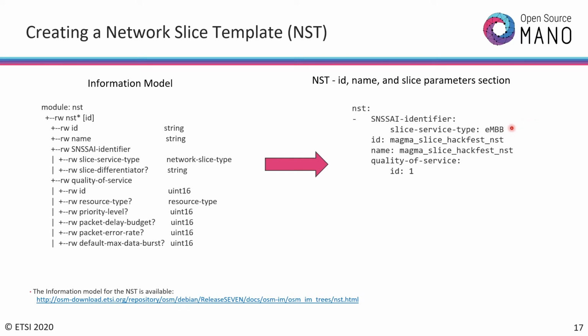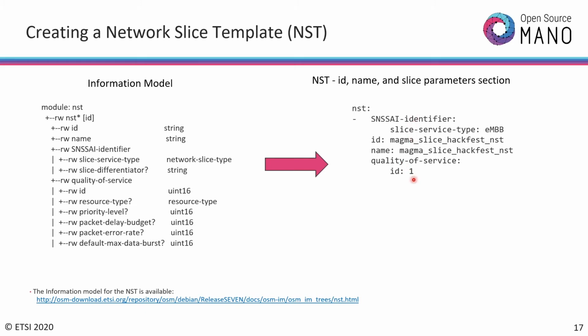It's important to note that in this modeling process, currently in OSM, this parameter is not enforced in the infrastructure. We are looking for models to enforce these kinds of parameters, but it's not something simple, and it is currently not supported by OSM: the enforcement of the slice service type and the quality of service over the infrastructure.